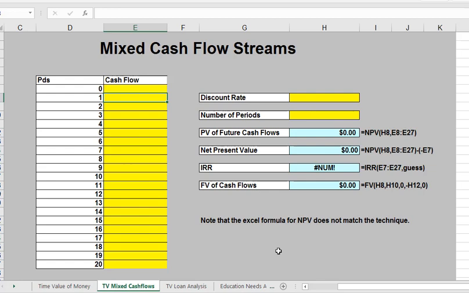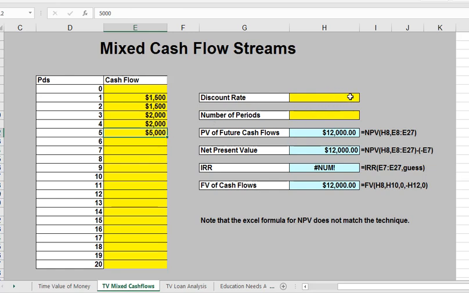So let's assume we're going to invest in a project, and this project is going to bring us $1,500 the first 2 years, $2,000 the next 2 years, and $5,000 in year 5. So this project has a 5-year life. These are the cash flows that we expect to get in the future.